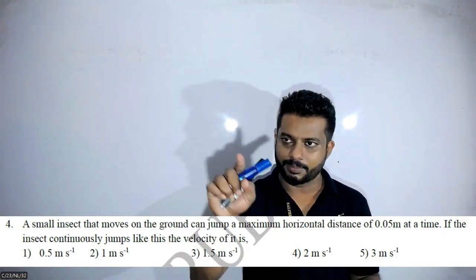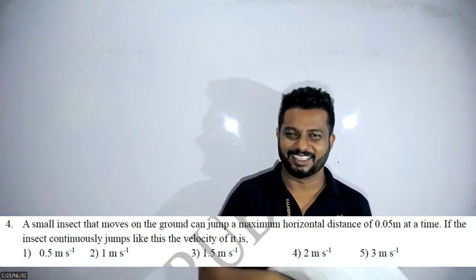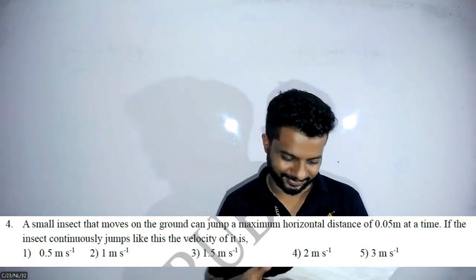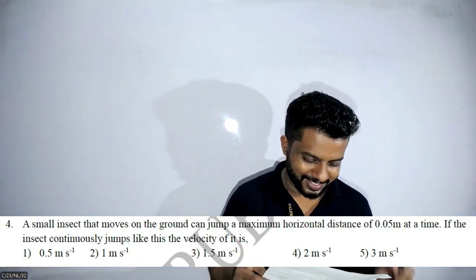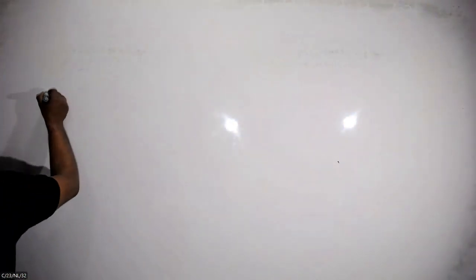You have seen those insects that jump along on the ground. A small insect that moves on the ground can jump a maximum horizontal distance of 0.05 meter at a time. If the insect continuously jumps like this, what is its velocity? That is the question.